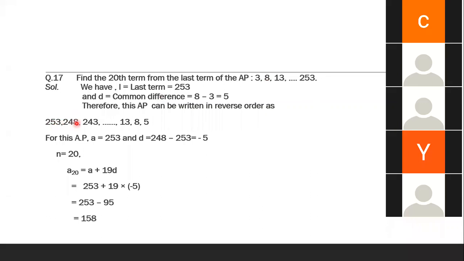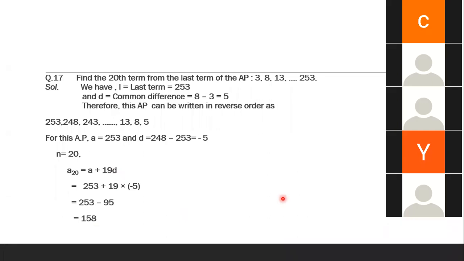So the next term is 253 minus 5, it is 248. Keep on, first write the series. Then here the A value is 253. The D value is 248 minus 253, it is minus 5. And if they are asking the 20th term, that is N value 20. The 20th term is A plus 19D. Apply the values of A and D. We are getting the 20th term as 158.